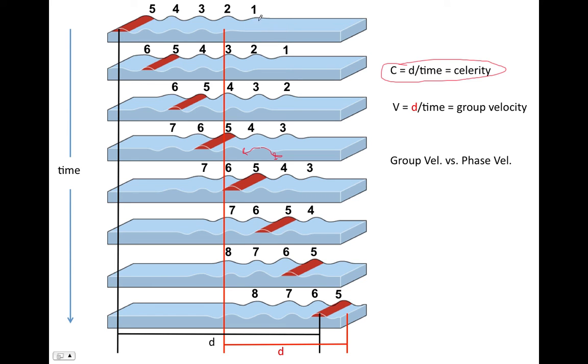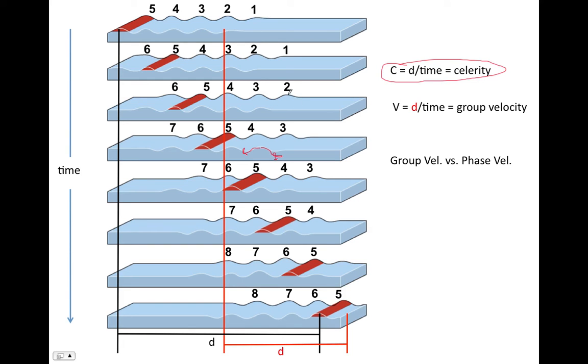So it gives away all its energy, but it doesn't get any energy because there's no wave in front of it, so it eventually disappears. Wave 2 got half of its energy from the wave in front of it, wave 1, and half from the wave behind it, wave 3. So it gave away its energy to the wave in front of it and behind it, and it received energy from the wave in front of it and behind it, so it remained intact.